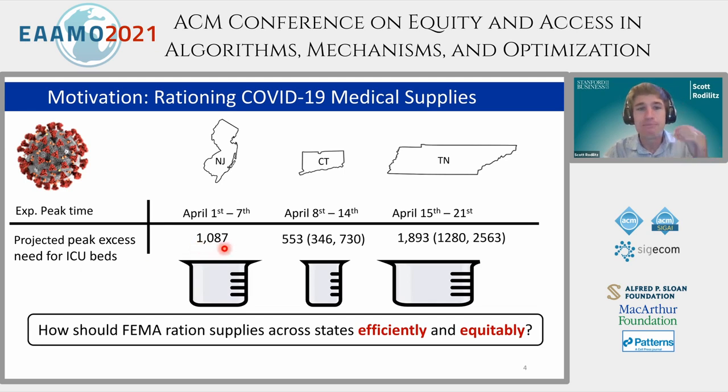And you need to make an immediate decision about how much of that need you should meet, knowing that next week, Connecticut is going to have significant need, and probably the week after, Tennessee is also going to have significant need. Now, you may know to some extent what the expected value of that need might be, but there's a lot of variance around those projections. And of course, there's correlation as well in these scenarios. So it's a pretty challenging question to ask about how FEMA should ration supplies both efficiently and equitably.